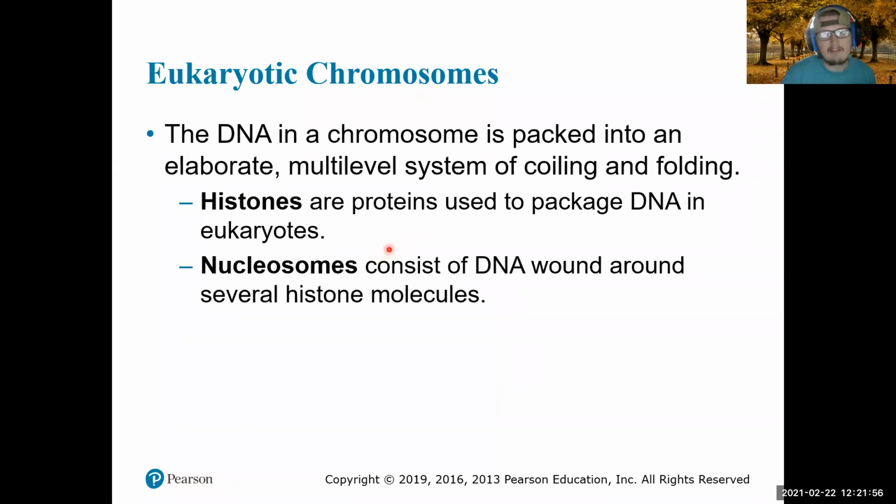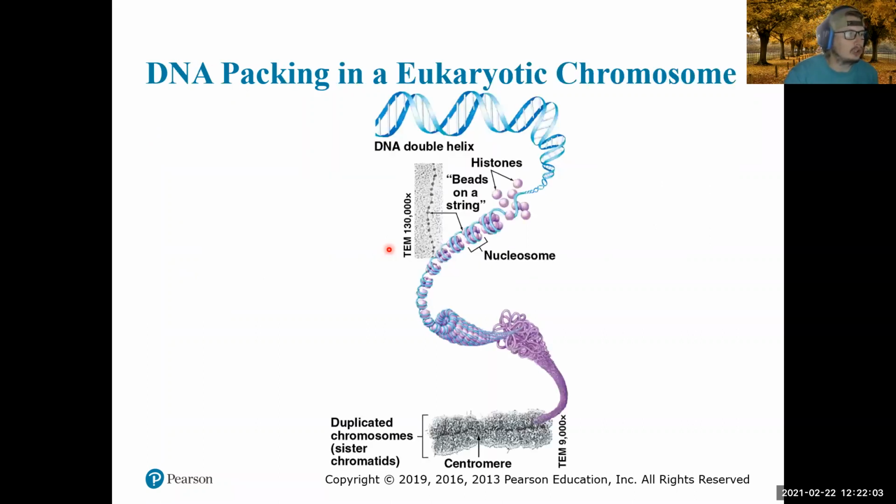And you can have groupings of these proteins that are known as nucleosomes. So here we have your DNA, the double helix, okay? And you have your histones, which are these purple balls, and the DNA will wrap around these histones, these proteins. And you can have groups of these packages, and each group will be known as a nucleosome.